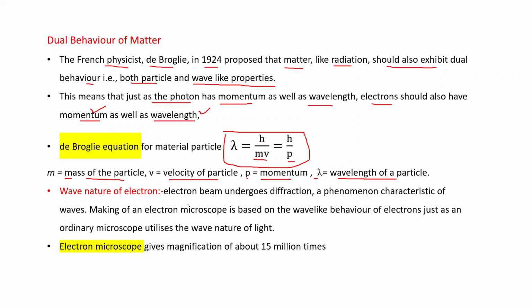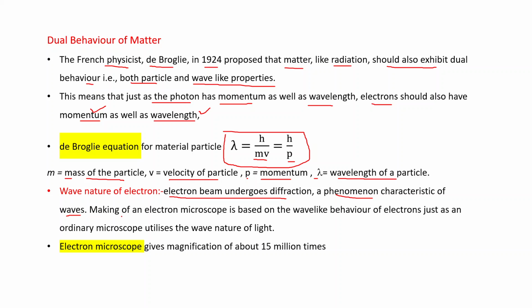Then how can we prove that electron has wave nature? It can be proved by its diffraction pattern. Electron beam undergoes diffraction, a phenomena characteristic of waves, and diffraction pattern of electron wave is similar to the diffraction pattern of X-rays.